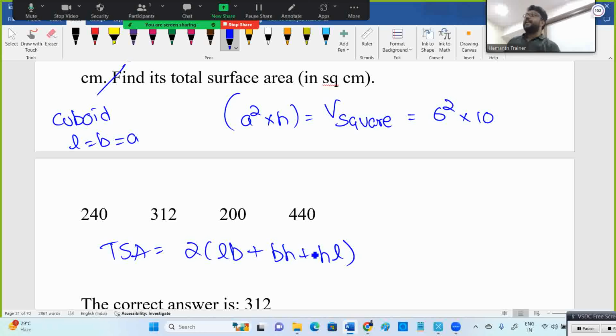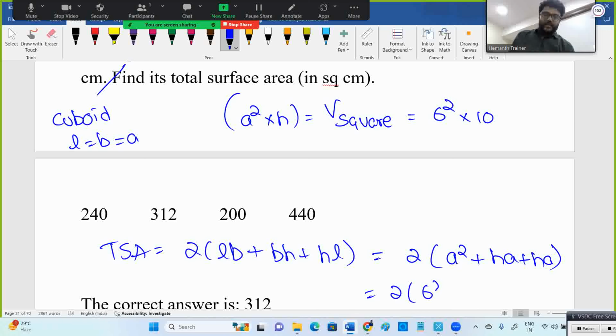But I said already L and B must be equal to a, so it's 2 into (a square plus ha plus ha), which means plus 2ah. You know the height is 10 and a is 6. So 6 square plus 10 into 6, that is 36 plus 60 plus 60 gives 156, and double that gives 312. 312 is the answer.